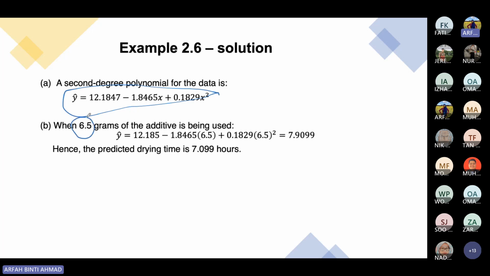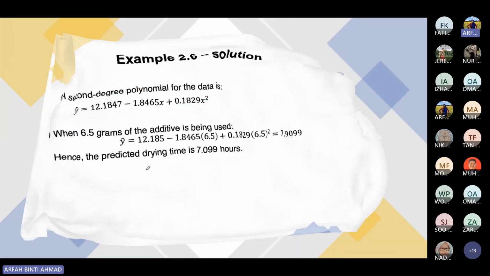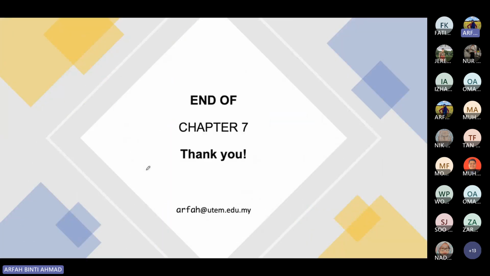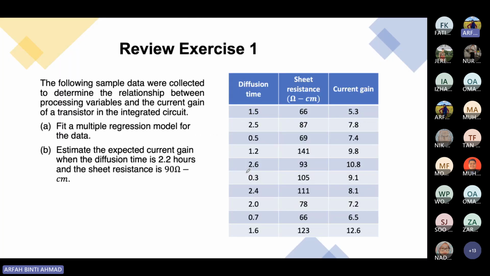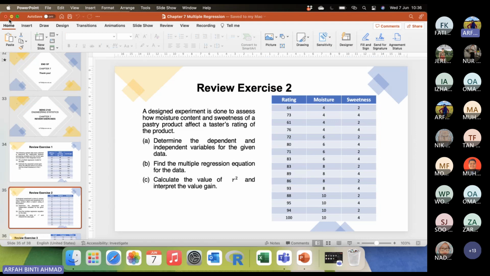That is why it is important to find the model for the data, for us to do the prediction. So that's it about multiple linear regression. Because the calculation is very tedious, we are going to make use of Microsoft Excel straightforward. So let's take a look into the application using Microsoft Excel.